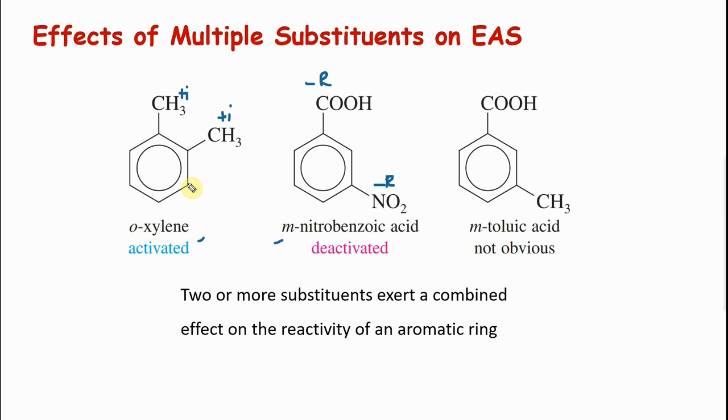There are only two positions, position A and position B, because this is A and this is B. So it can go to either of two positions. Going here, both are deactivating. The ortho position of COOH is the same as the ortho of NO2, so this is not going to be there. This is the position it is going to go to. Because what is the effect that you are going to see here? Let's write it down.